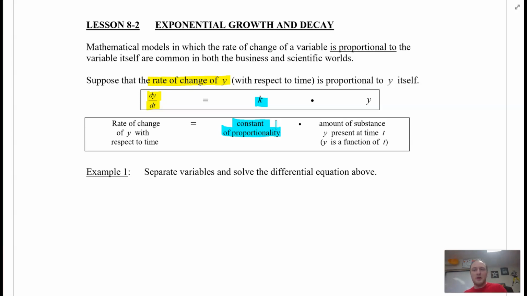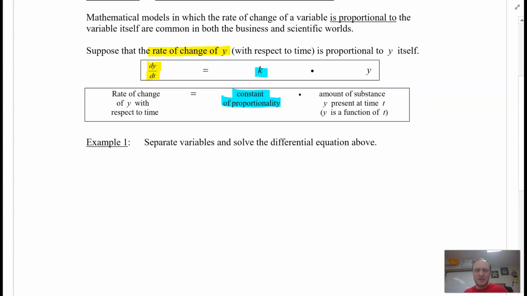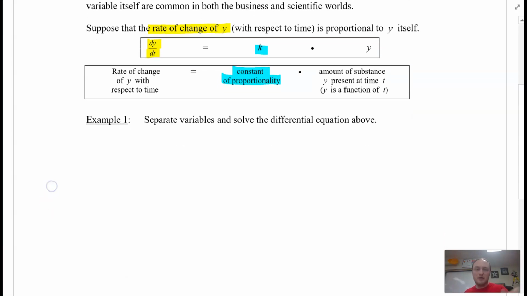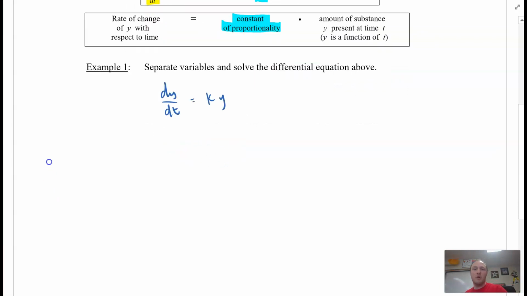So what we're going to do is solve a general formula which we will use often from this idea, right? So if I have dy/dt = ky, I want to solve the differential equation.